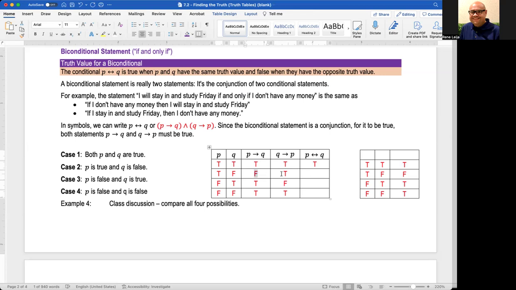You don't come to work on time, but you wash my car, sorry, you don't get a raise. You had to do both. You come to work on time, you did not wash my car, but you get a raise. I'm sorry, false. And then this one is true.